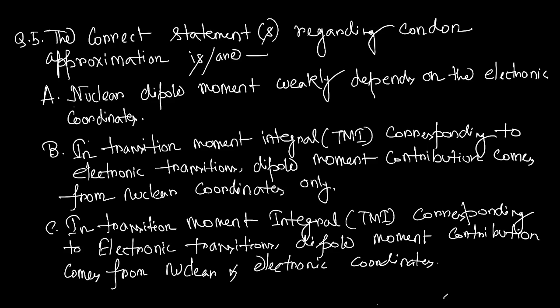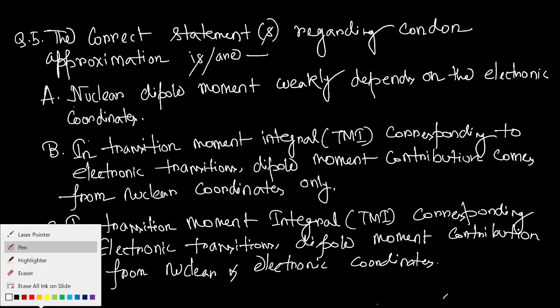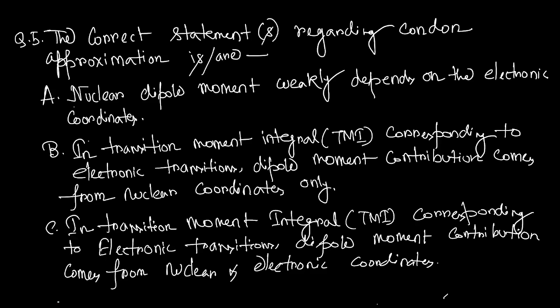The first option is saying the nuclear dipole moment depends weakly on the electronic coordinates. Yes, that is okay, as shown in the lecture, so I don't need to explain it more, because otherwise the TMI will not hold.